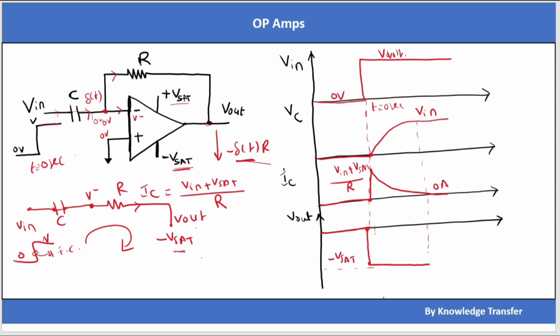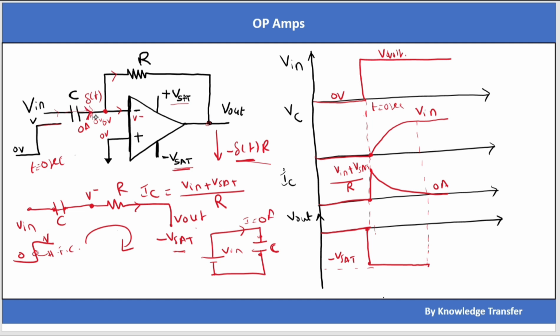So when the capacitor reaches Vin, the current flowing through this capacitor is 0 ampere, because this is like a simple capacitor charged to Vin. So this is acting as an open circuit. Once it charges to full Vin, this acts as an open circuit, so the current flowing through this is 0 ampere.